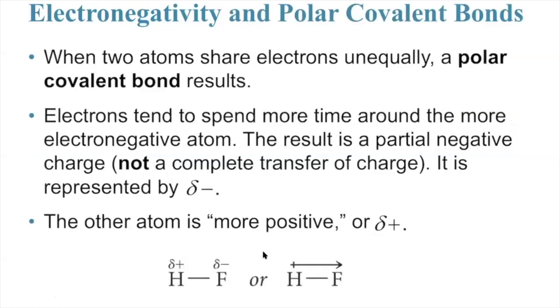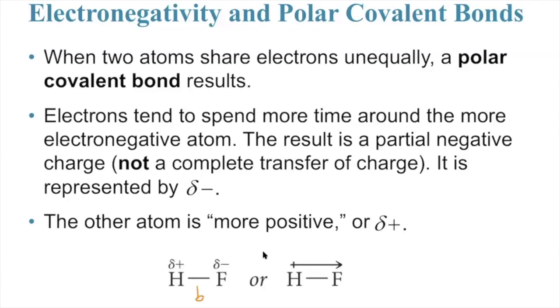Notice here, this is the dipole. The dipole moment is going to be represented with this partial positive and partial negative. When two atoms are unequally shared, we consider that a polar covalent bond. Fluorine is more electronegative than hydrogen, so the electrons are not equally shared. So this bond is considered polar covalent.